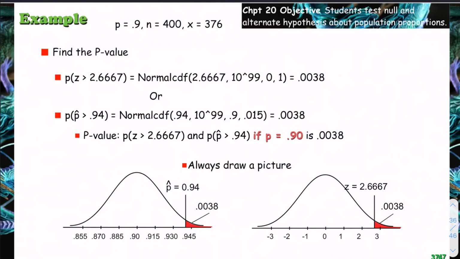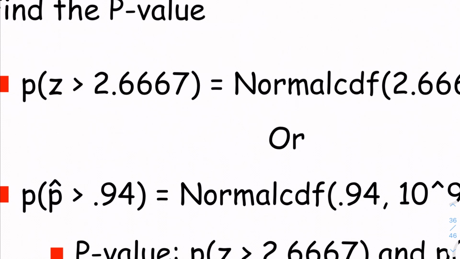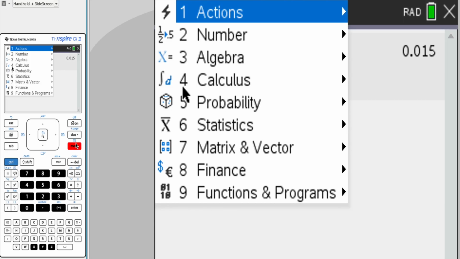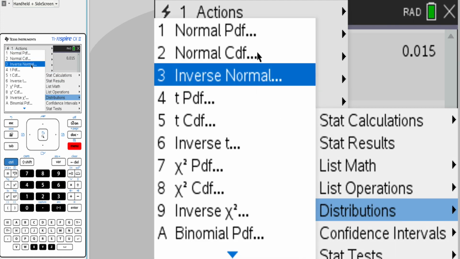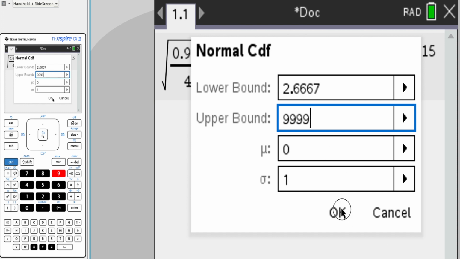So to find the p-value, what we're looking for is the probability of getting a z-score that's greater than 2.6667. What are the chances that I get a z-score higher than that? Well, we know how to do that. If I know my z-score, I go Menu, Statistics, Distributions, Normal CDF, and my lower bound is 2.6667. My upper bound is 999, with 0 and 1.